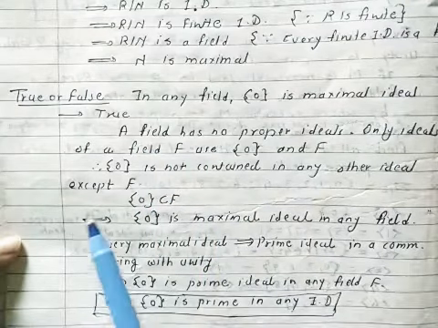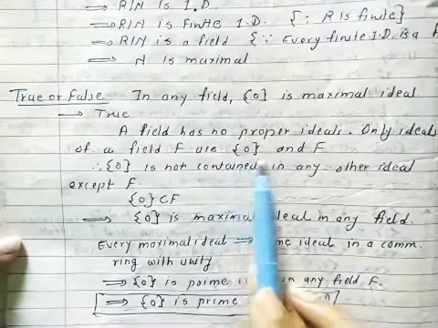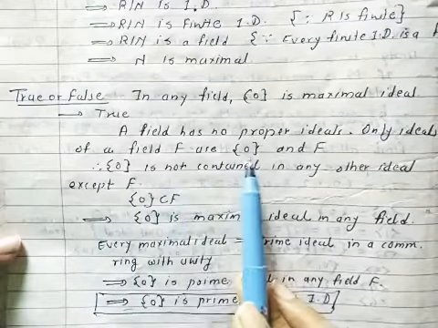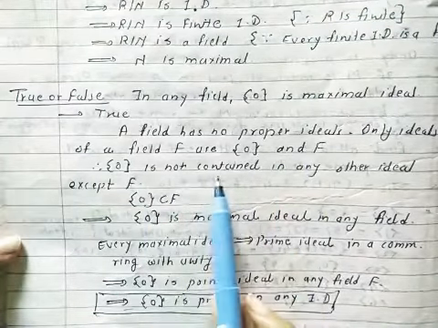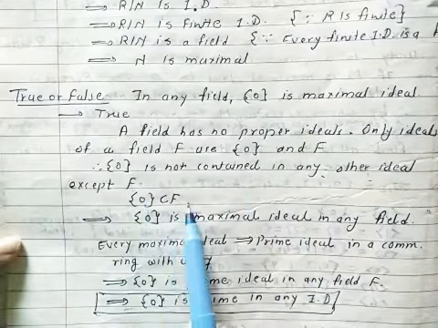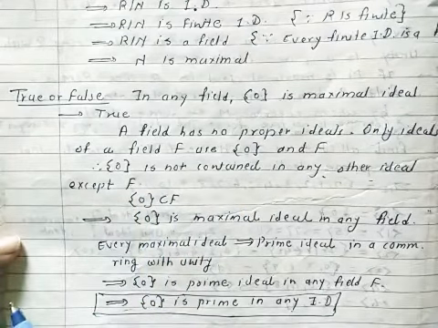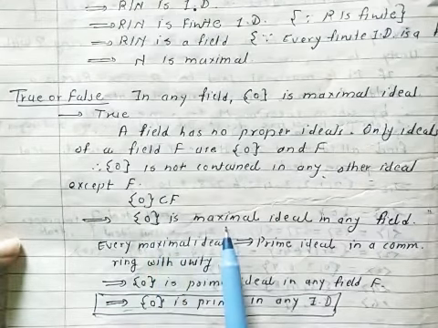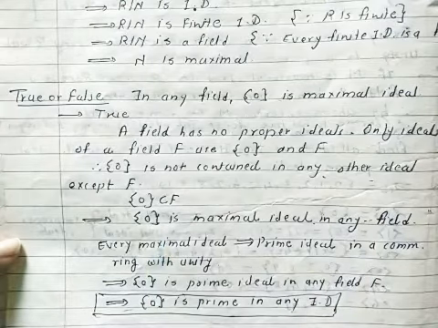The only ideals of a field are F and 0. Now 0 is different from F, and 0 is not contained in any other ideal except F. So 0 is a subset of F, and 0 is not contained in any other ideal of F. So by definition we can say that 0 is a maximal ideal in any field.